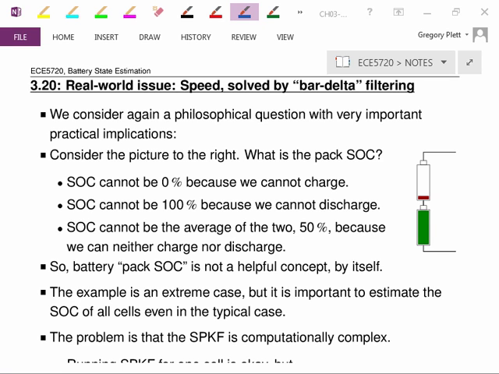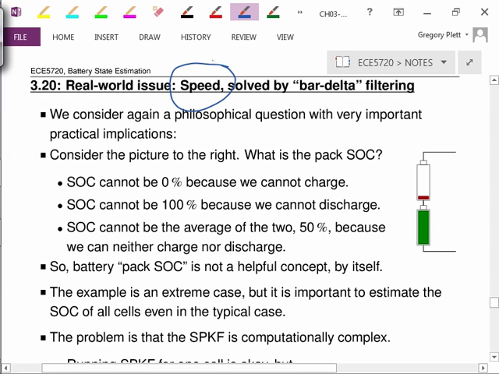Over the rest of this chapter, we look at a final significant real-world issue, and that is speed. It's one way of thinking about it, or rather the amount of computation that is required by these common filtering methods.